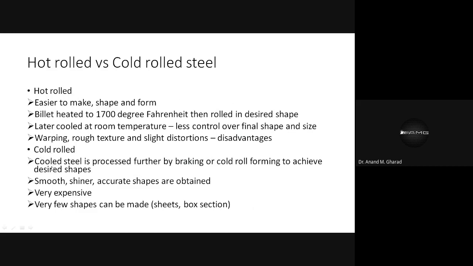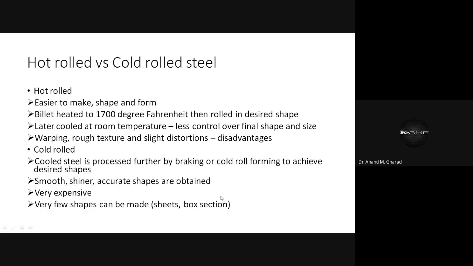If you compare cold roll, you can see cooled steel is processed further by breaking or cold forming to achieve desired shapes. Smooth, shiny, or accurate shapes are obtained, but it is very expensive, and because of that, very few shapes can be made, like sheets, box sections.